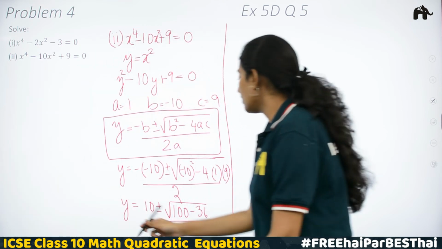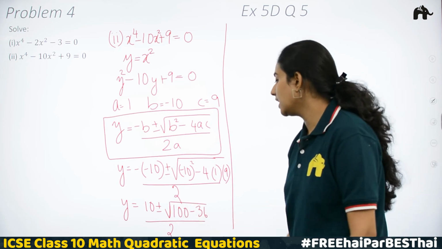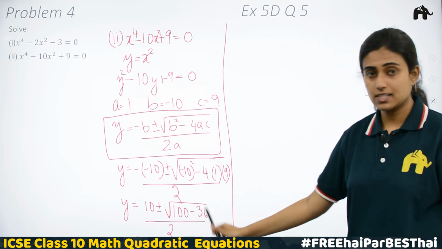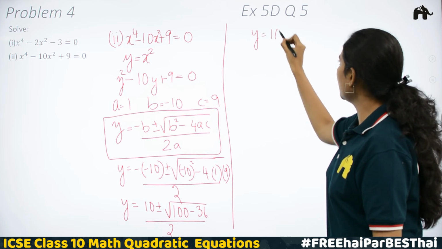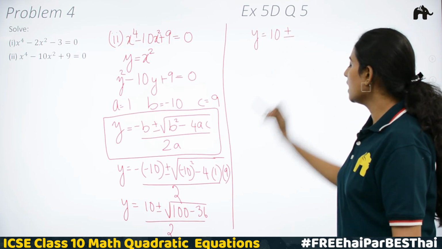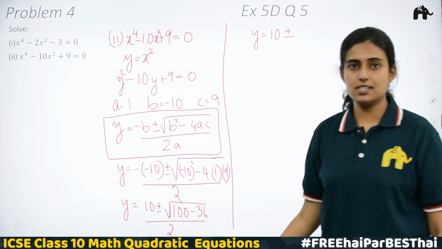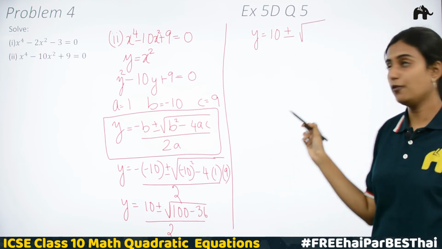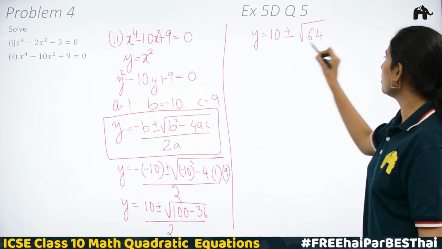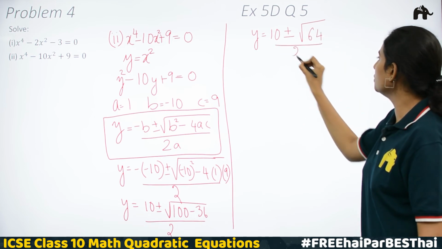Okay? Y is equal to 10 plus or minus root of 100 minus 36 divided by 2. What is 100 minus 36? You will be getting 64. So, root 64 divided by 2.